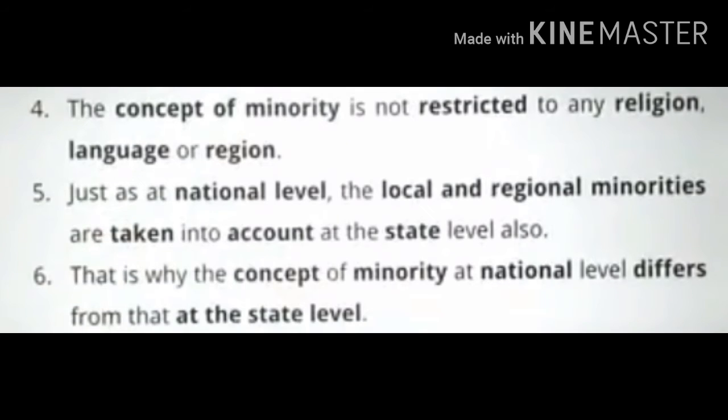The concept of minority is not restricted to any religion, language or region. Just as at national level, the local and regional minority are taken into account at the state level also. That is why the concept of minority at the national level differs from that at the state level.